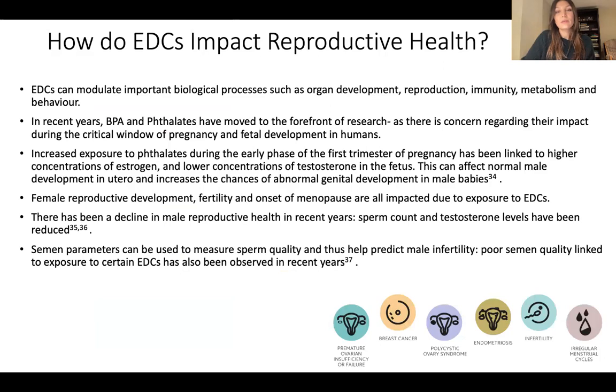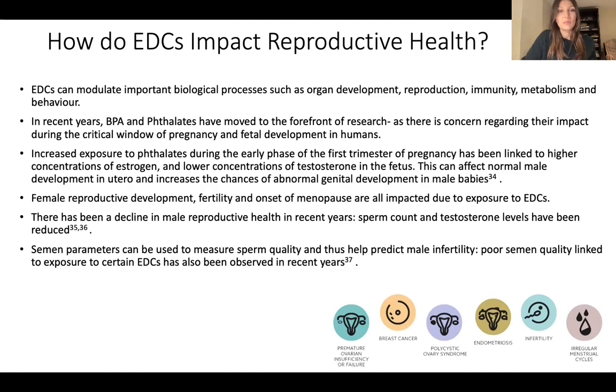So there's been a lot of research emerging on the impact of endocrine disruptors on reproductive health and fertility. So we know that endocrine disruptors can modulate important biological processes such as organ development, reproduction, even the immune system, behavior, neurodevelopment. And in recent years, BPA and phthalates have moved to the forefront of research because there's concern regarding their impact during the critical window of pregnancy and fetal development in humans.